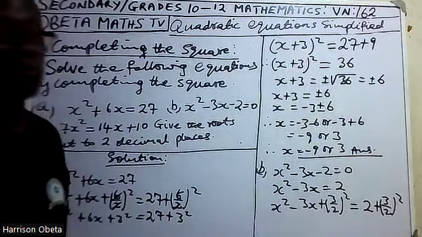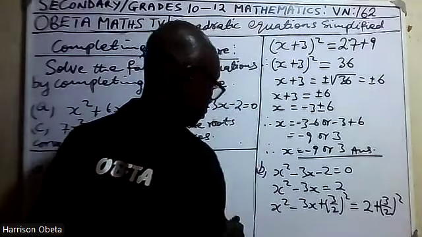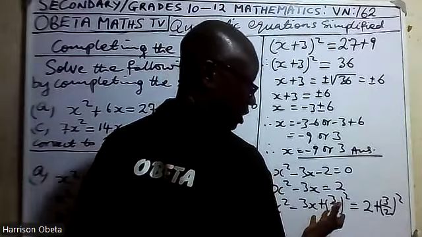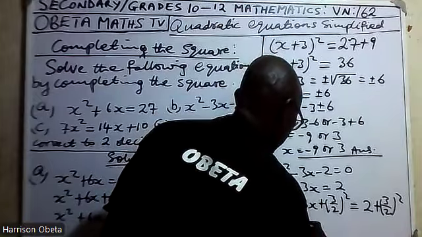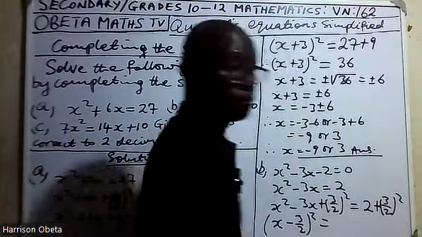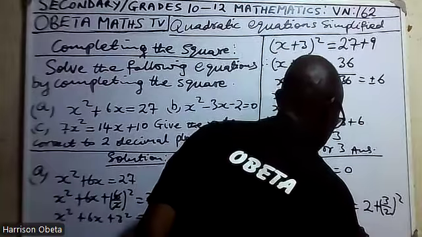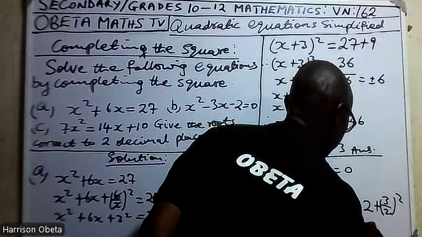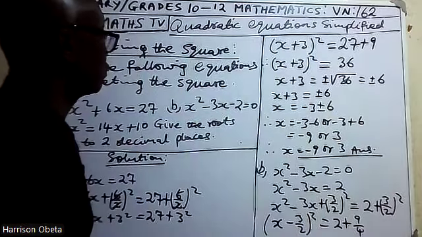Moving on, you can easily factorize from here, and that would be x minus 3 over 2 squared is equal to, then you simplify this, 2 plus 9 over 4.